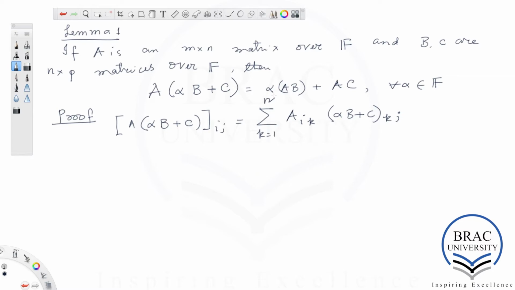And since alpha is a scalar, we can write it as alpha times the sum over k of aik bkj plus the sum over k of aik ckj.